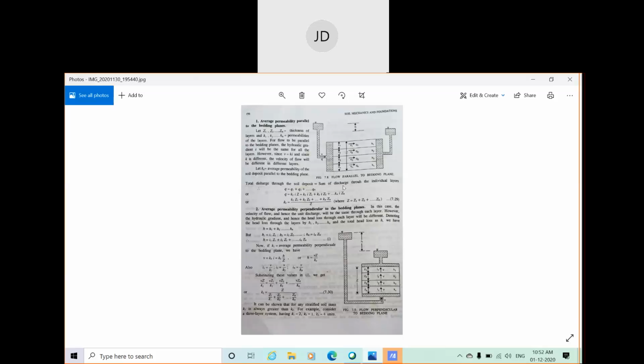So by simplifying this relation we can derive the equation for the coefficient of permeability when the flow is parallel to the bedding plane. The equation is, here you can see, Kx is equal to K1Z1 plus K2Z2 plus K3Z3 up to KnZn divided by total thickness of the layer. You have to remember this, as many exam questions may ask about this formula, where Z is Z1 plus Z2 up to Zn.